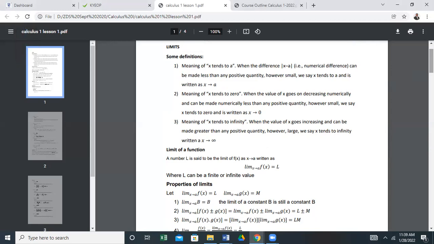I want us to take it easy. It's not complex. So the meaning of x tends to A is written in this form.